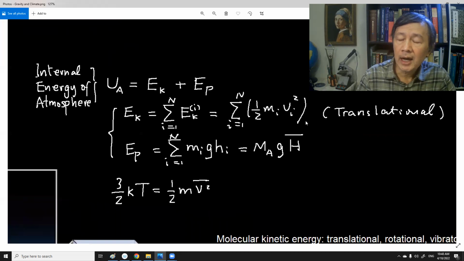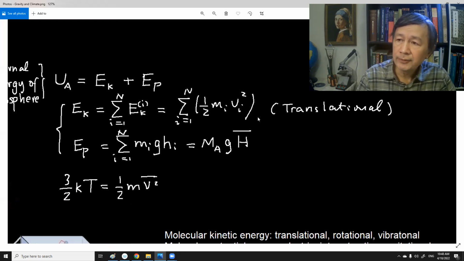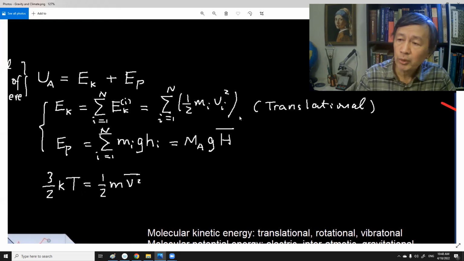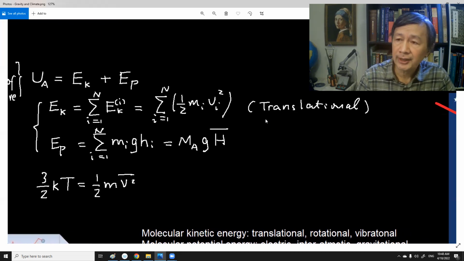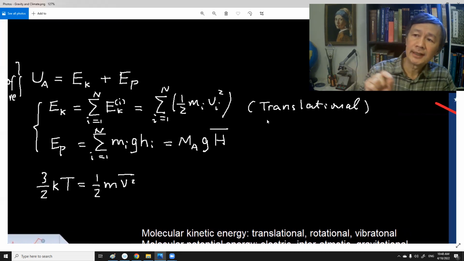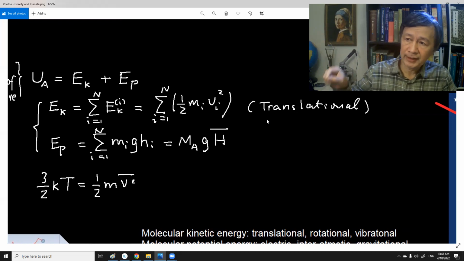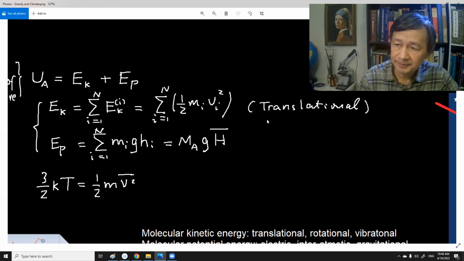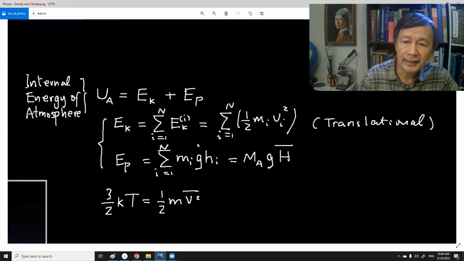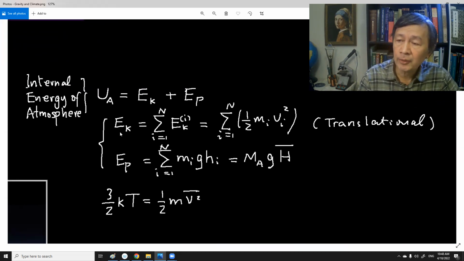In our case, I only focus on the translational kinetic energy, meaning the molecule moves from one place to another in space. And from this expression, you can see that the total kinetic energy would be the sum of the individual molecules' kinetic energy.